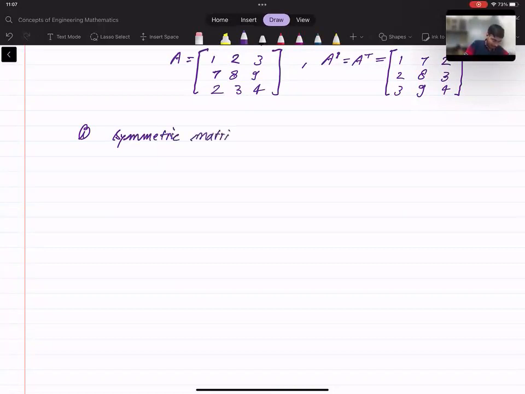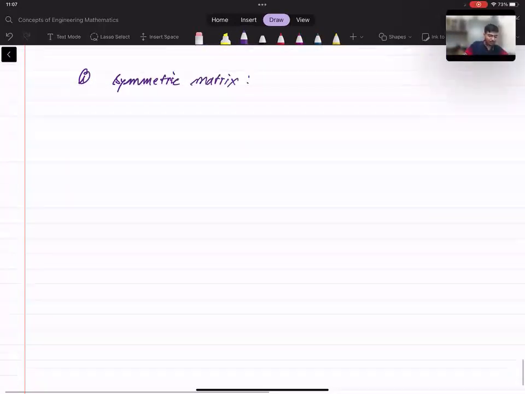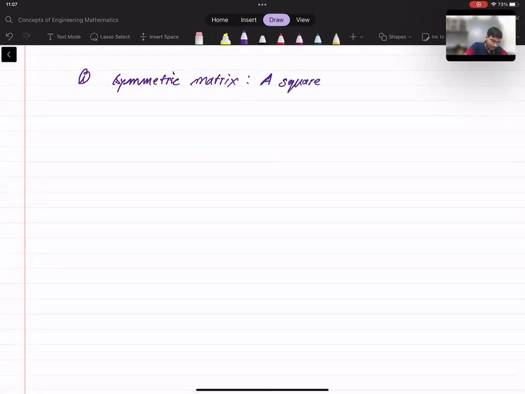In a symmetric matrix, the transpose of the matrix is equal to the matrix itself, and for this it has to be a square matrix, because the transpose will be equal to the original only if the order is the same for both.